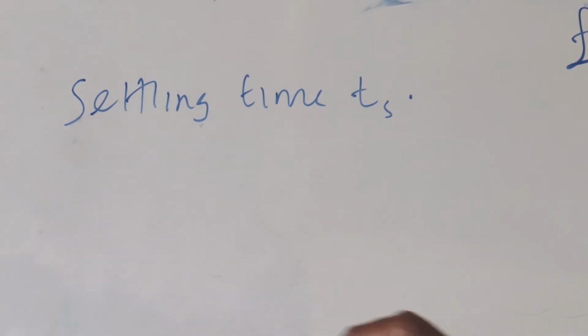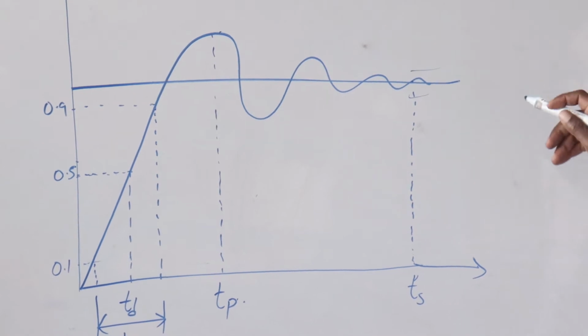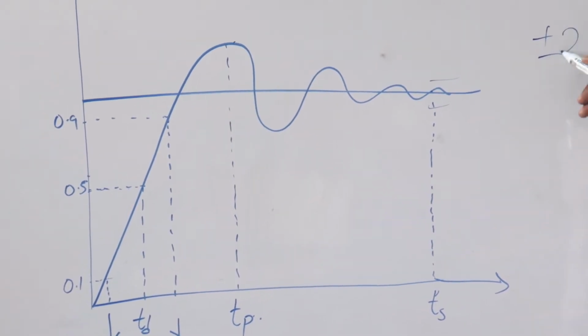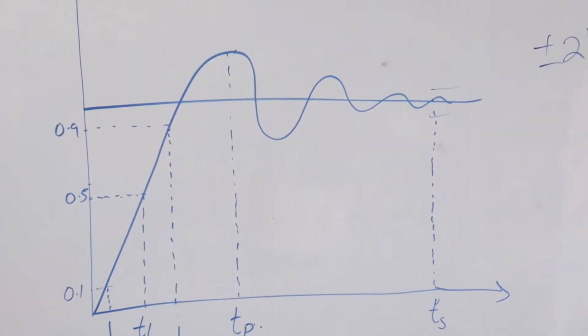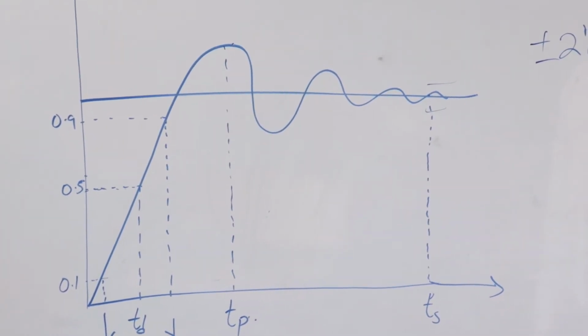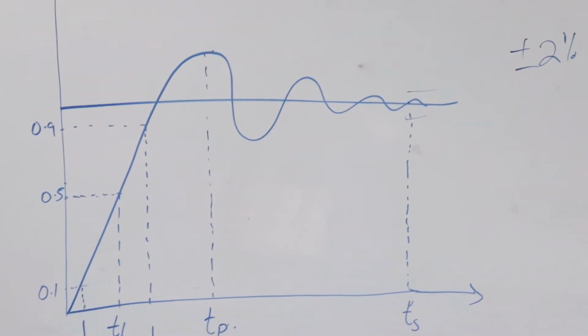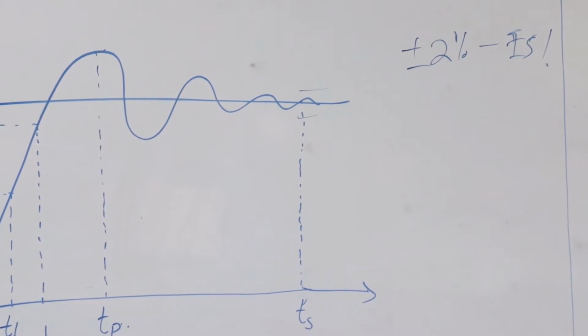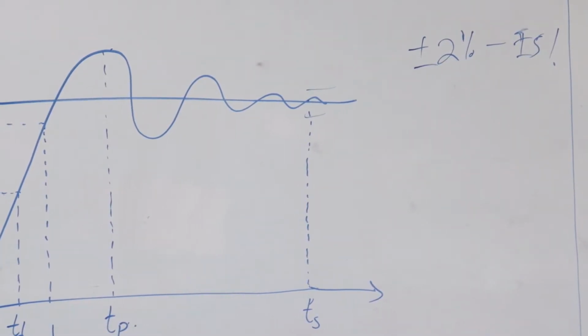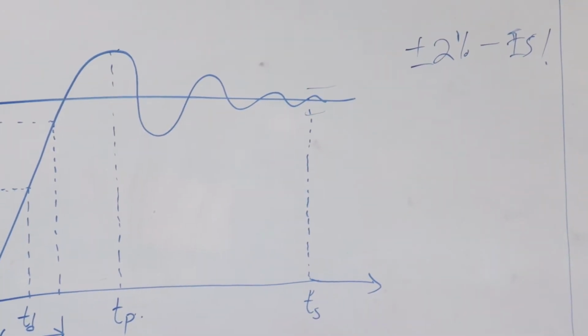As long as it has reached a certain percentage, which is always plus or minus 2% to plus or minus 5% of the final value, that is where we talk about the settling time. So as t tends to infinity, the system will settle and reach the steady state.